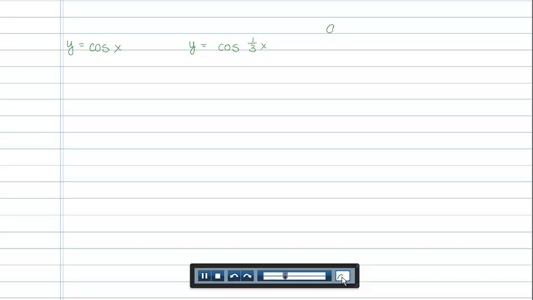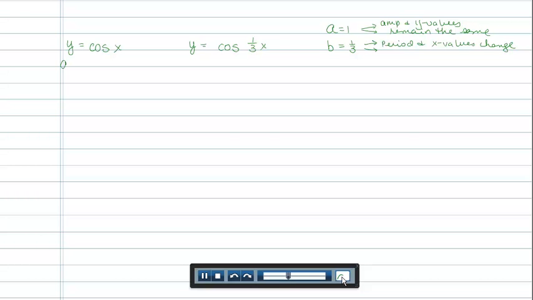Right? So a equals 1, b equals 1/3. So what does this mean? This means that the amplitude and y values remain the same. But this means that the period and x values change. Okay? So we're going to have new x values for this other function.